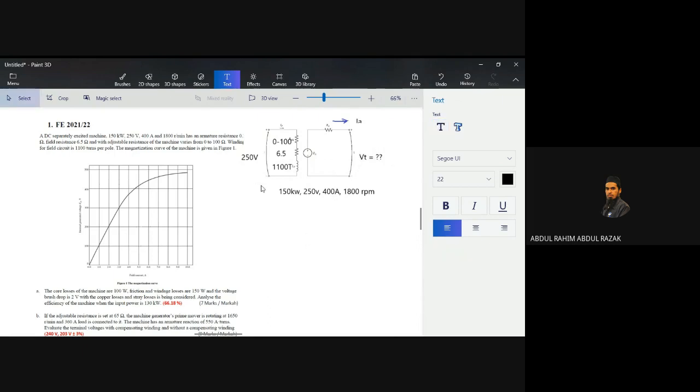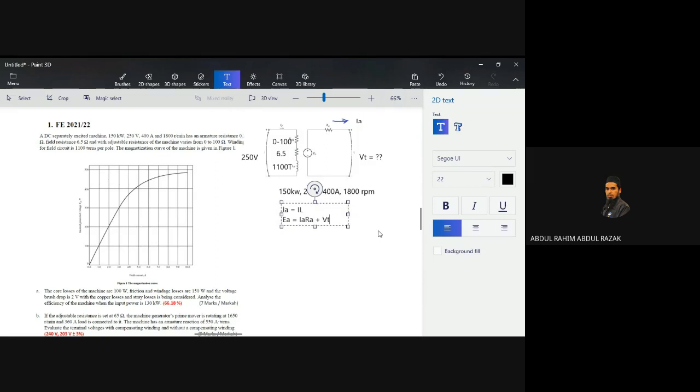Then you draw the circuit, you write down all the data given, and you can also write the equation. We have IA equal to I load. When a generator, EA will be the source which produces IA RA plus VT.